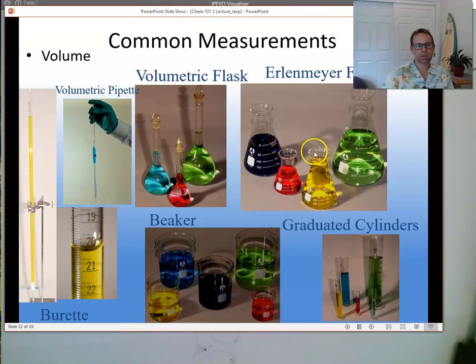Erlenmeyer flasks are also like beakers. They just hold solutions. They're not good for measuring volumes. A burette is good at delivering very precise volumes. And you see how it's what we call graduated on the side. When something is graduated, it just means that it's measured. That's why we call this a graduated cylinder, because it has little marks on the side telling you how much volume is in it. Volumetric. What's that?